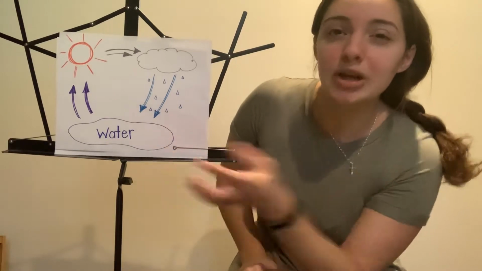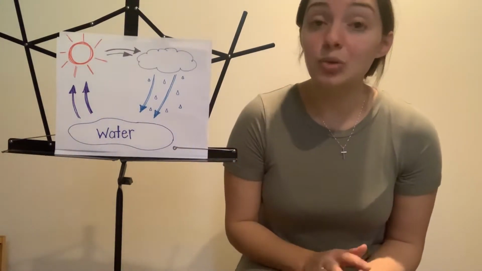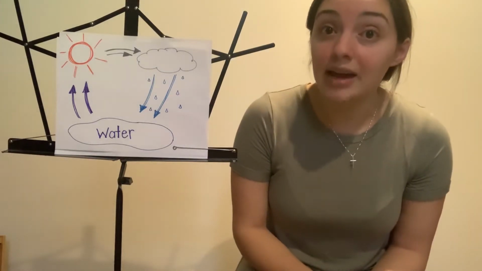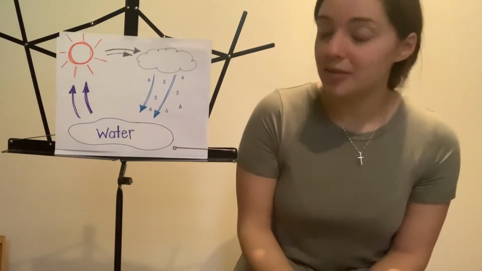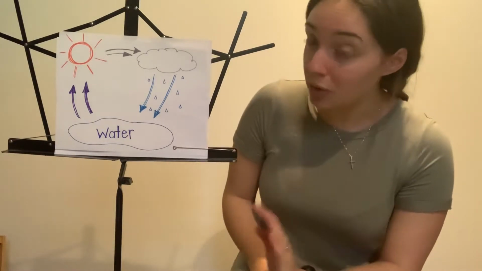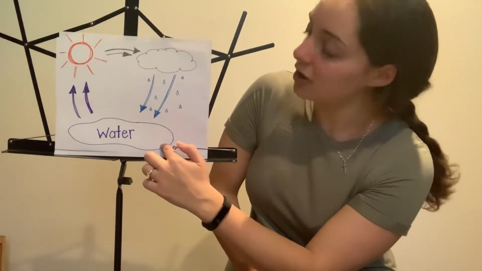I drew it to look kind of like a lake, okay? So this is what happens to water when it is outside. The water cycle is what happens to water in the environment, all right? So there's water in the lake. This is where the water starts.